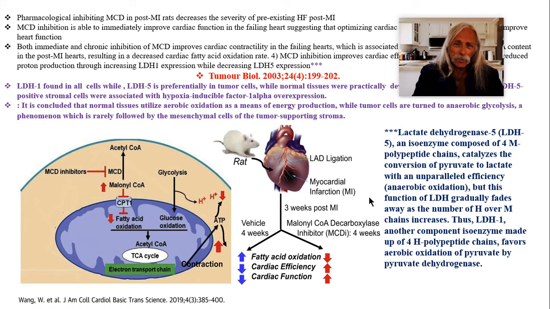And you can tweak one system or another, for example, LDH1 or LDH5, via the MCD pathway, and thus enhance, if you want to enhance the glycolytic efficiency by blocking fatty acid oxidation in the ischemic heart right after an infarction, maybe inhibiting the malonyl-CoA decarboxylase would work, because then you get a buildup of malonyl-CoA, and then you don't get beta oxidation because, because of the increase in malonyl-CoA, you block the uptake of fatty acid in the mitochondria via CPT1. Get that? Okay. Really important pathophysiological consideration there.